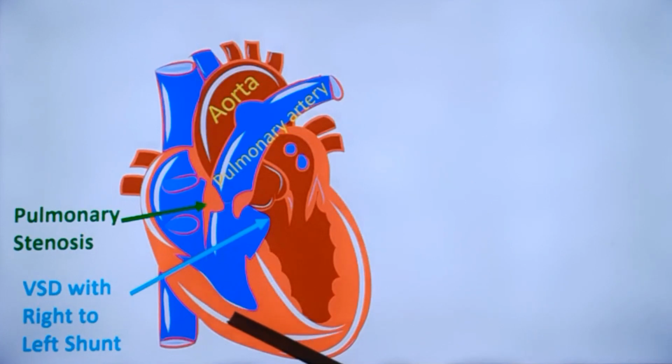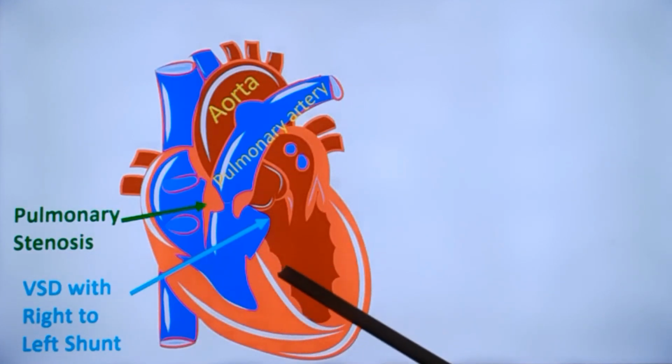And the right ventricular hypertrophy and abnormal architecture of the right ventricle can predispose to late arrhythmias and sudden cardiac death in repaired Tetralogy of Fallot. That is why they need regular follow-up for arrhythmias, post-operative arrhythmias, long-term arrhythmias, an important cause of sudden cardiac death in repaired Tetralogy of Fallot.